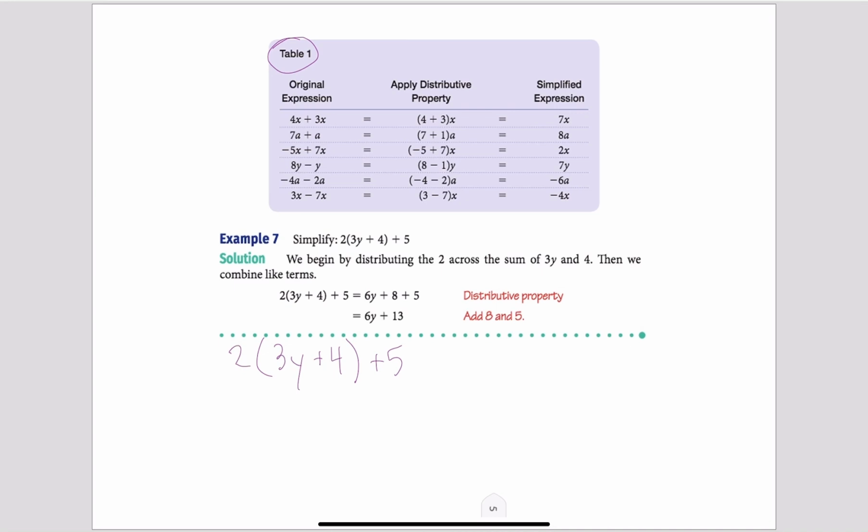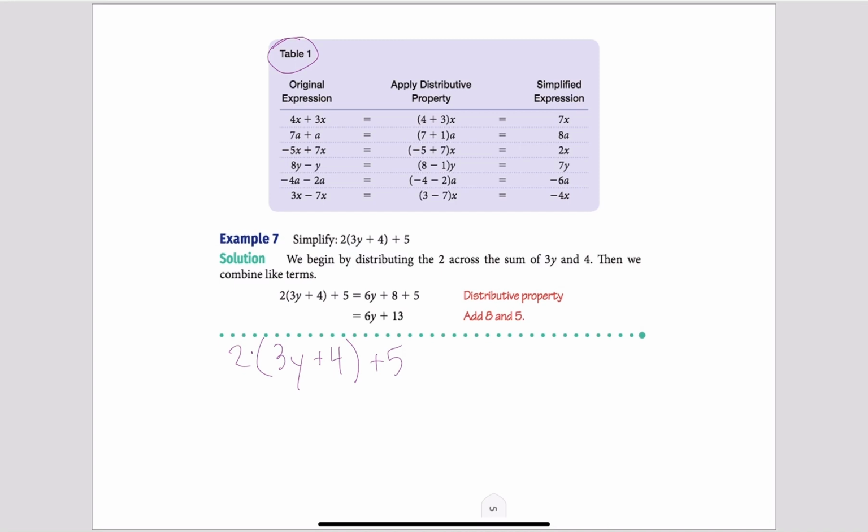So my goal is to combine all the terms that I can. In this case, I see that I do have some constant terms, some numbers on their own, and so I want to add them. Unfortunately, 4 is inside the parentheses, 5 is outside the parentheses, so to get 4 outside the parentheses, to add it with 5, I have to do whatever operation is in front of the parentheses. In this case, it's multiplied by 2. So I have to double everything inside parentheses in order to do the multiplication.